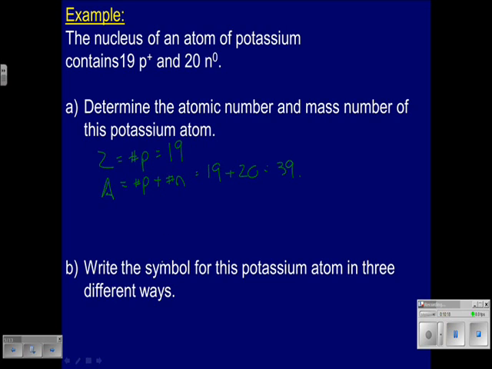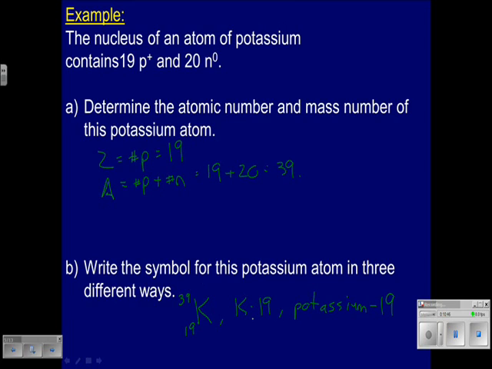Write the symbol for this potassium atom in 3 different ways. Well, the first one, potassium, and then the mass number, 39, the big number on the top, the little number on the bottom, 19. It could be written as K19, or it could be written as the name potassium 19.